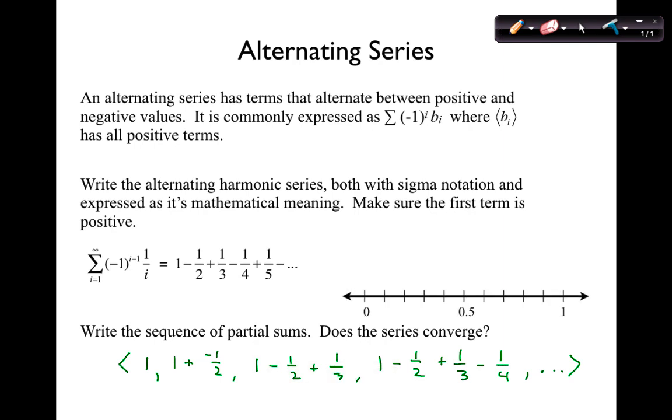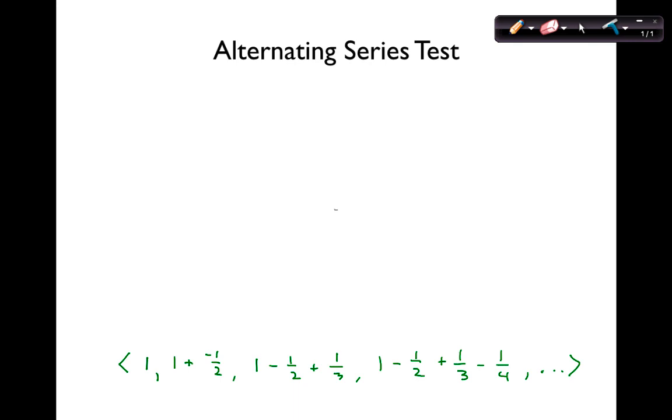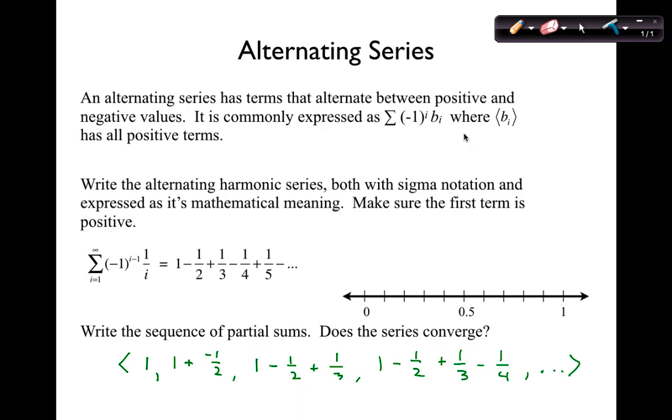So watch. What's the first partial sum? 1, right? So here we are at 0. First partial sum takes us to 1. So here we are. There's the first partial sum, S1. And then, what's the next partial sum? Takes us back to a half, right?